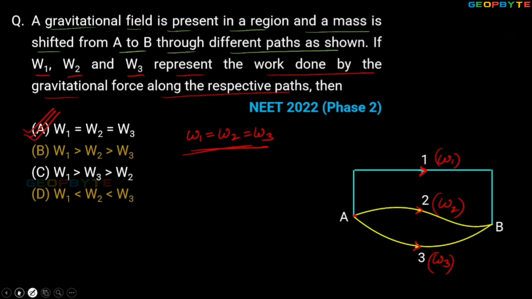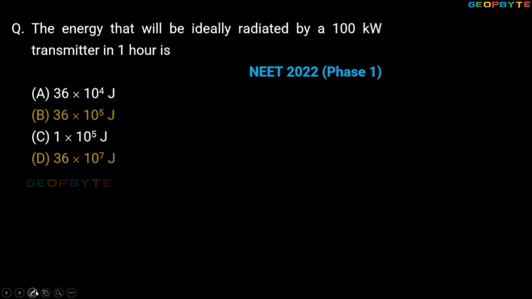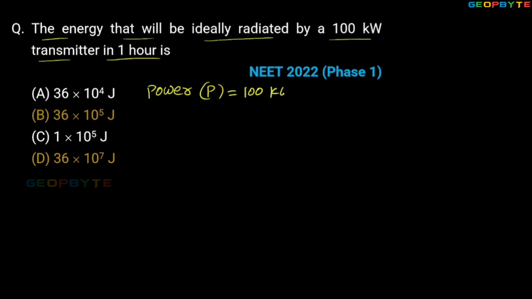Okay. Similarly, look at another important problem, asking like this: The energy that will be ideally radiated by a 100 kilowatt transmitter in 1 hour is... Here power is given, P equals 100 kilowatts, which is 100 into 10 power 3 watts, equal to 1 into 10 power 5 watts.